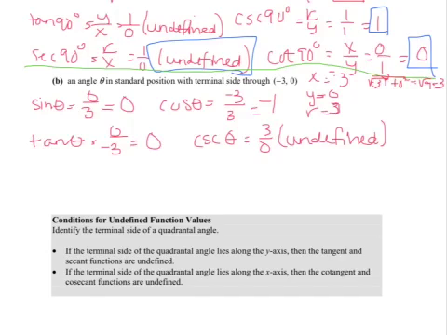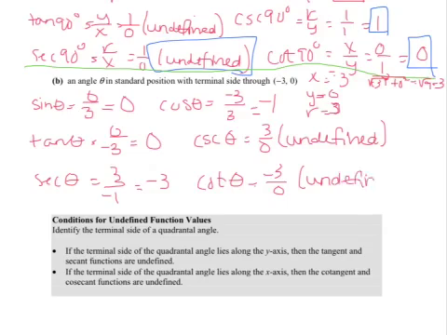Then we go down to secant. Secant of theta equals 3 over negative 1, which will give us a negative 3. So secant of theta equals negative 3. And cotangent of theta equals negative 3 over 0, which we know we can't have 0 as a denominator. So that one is undefined.